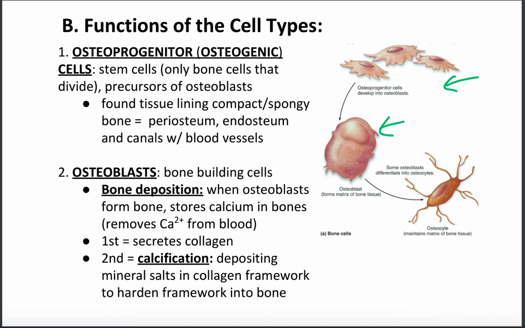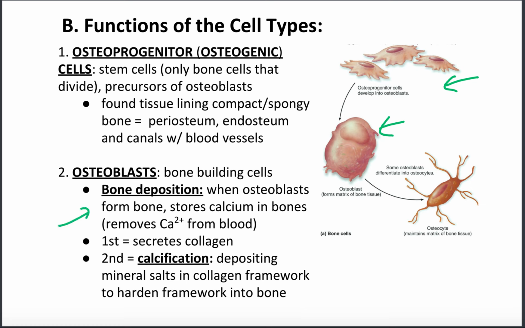The reason is that it has a lot more organelles now to help start making lots and lots of proteins, specifically the proteins that are going to form the matrix. Those collagen fibers, and proteins that will help stick minerals to those collagen fibers, are being actively formed and dumped on the outside of the osteoblast to help create bone.